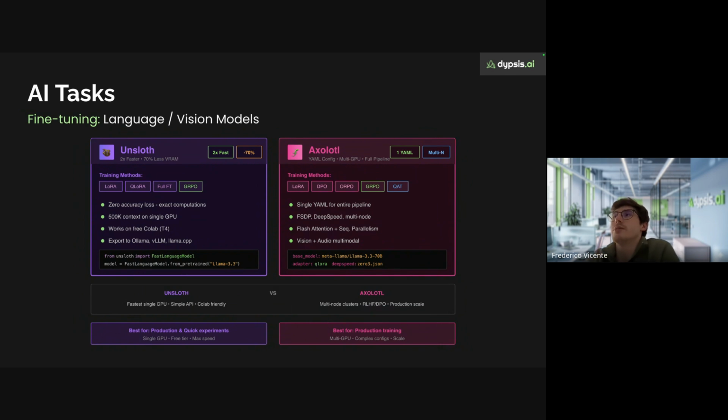Regarding vision language models and language models, you also have these frameworks, Unsloth and Axolotl, which are quite good frameworks for fine-tuning with very few parameters, and they are very efficient.